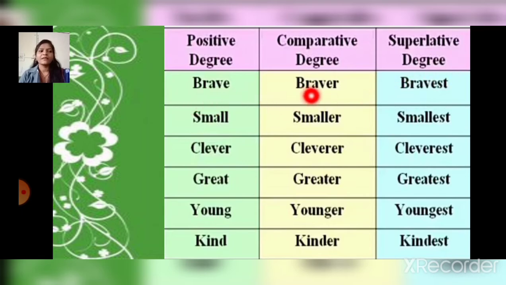Brave, braver, bravest. Small, smaller, smallest. Clever, cleverer, cleverest. Great, greater, greatest. Young, younger, youngest. Kind, kinder, kindest. So here in this table you can see 3 degrees are given, showing how to change the adjectives into the degrees.